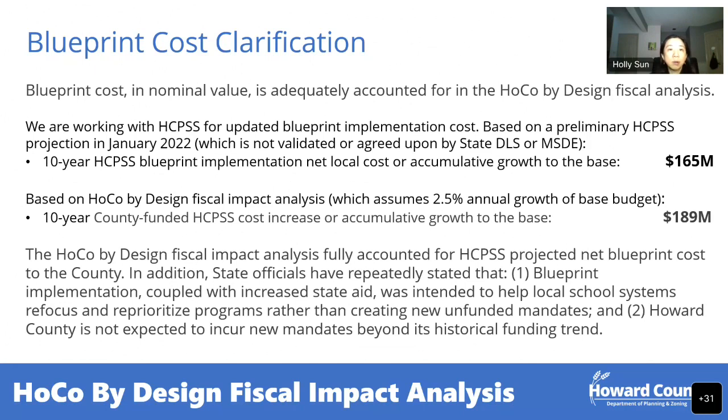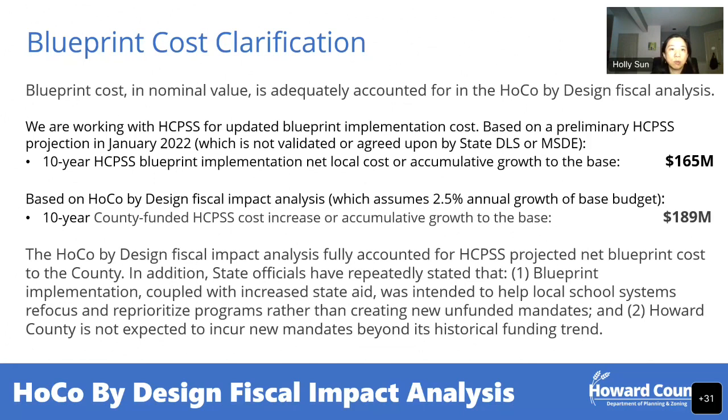Based on their own projections, the projected implementation cost for blueprint minus the projected state aid increase for blueprint, in the next 10 years the school system was saying is going to generate a cost increase of cumulatively about 165 million from the original FY22 base.